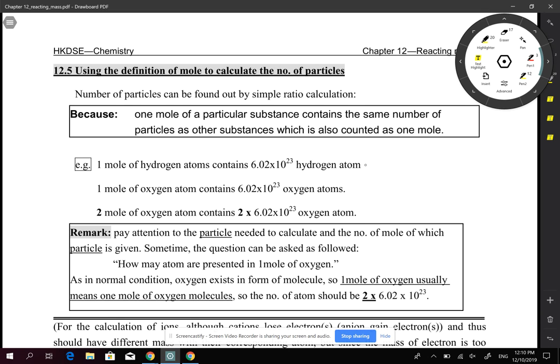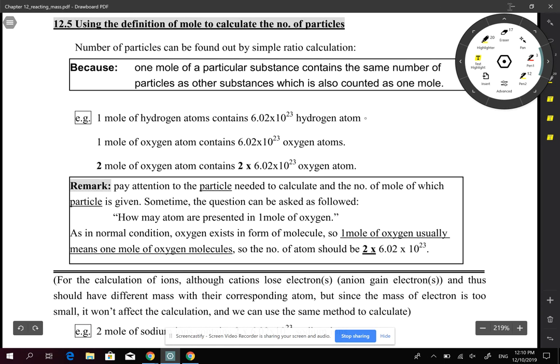But don't be afraid, not so many questions are asked. But try to look at it once, okay? So remember, 1 mole of hydrogen atoms contains 6.02 times 10 to the power of 23 hydrogen atoms. 1 mole of oxygen atoms contains 6.02 times 10 to the power of 23 oxygen atoms. Then, if the mole number is multiplied by other factors, the number should also be multiplied by other factors. It's easy, okay?